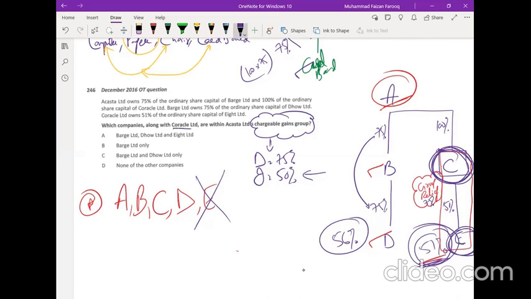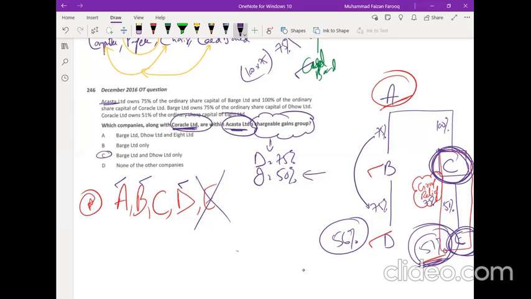And the requirement is except C. Except C, we have A, B, and D. A is already there, A and C they already told you. So what is left? The answer is B and D for this particular question.